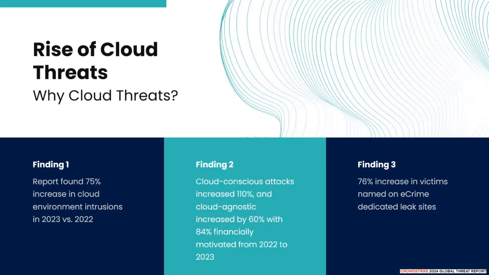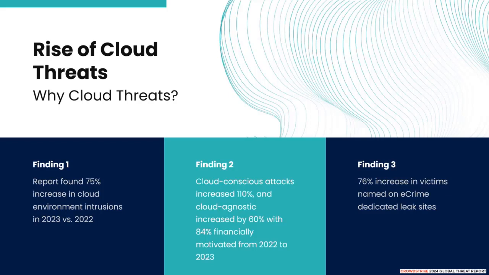What we mean by cloud agnostic is where threat actors either are not aware they have compromised a cloud environment or did not take advantage of cloud features. Our focus is on cloud conscious, which means the threat actor is aware that he has compromised a cloud workload, so his or her attack is targeted at cloud workloads.